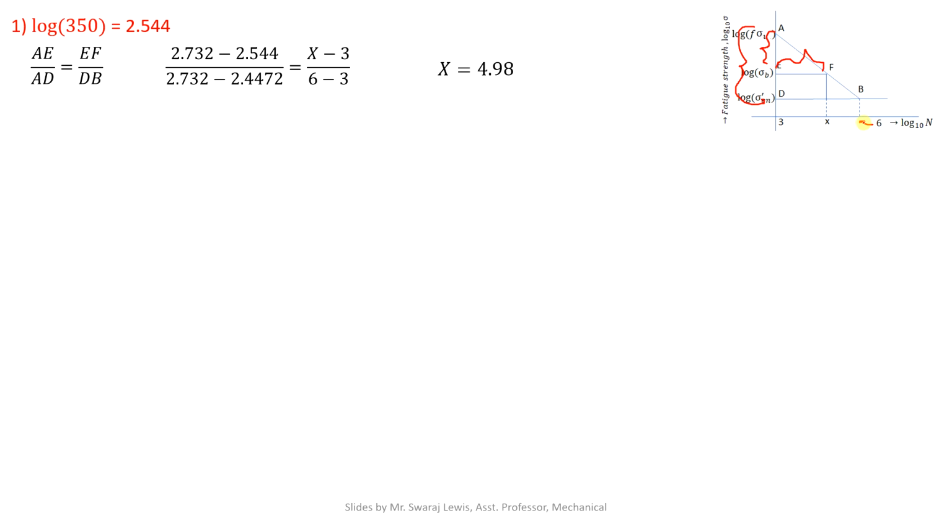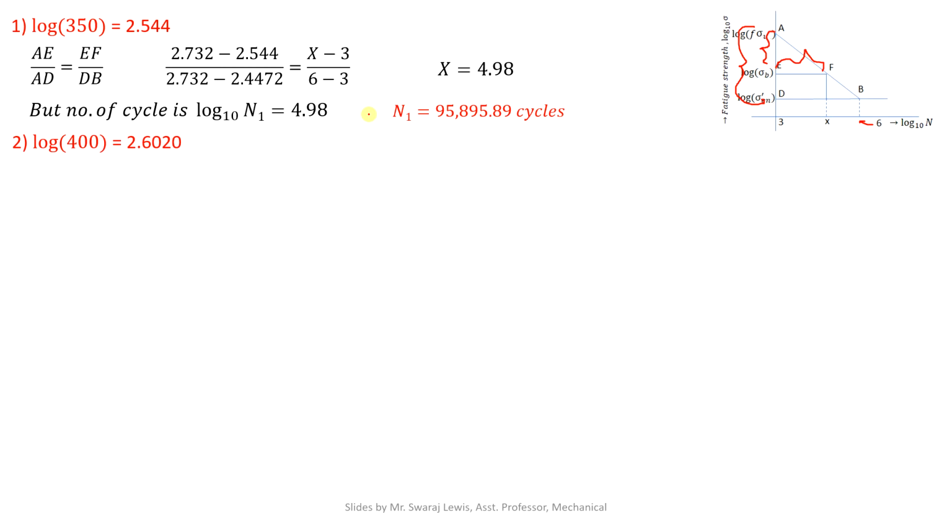The more decimals, the more accurate an answer you'll get. But since it is a logarithmic graph, whatever answer you get on the x-axis should be log base 10 of n1. We write n1 because it is for the first load sigma 1, and taking the anti-log, we'll get n1 equals 95,895.89 cycles.